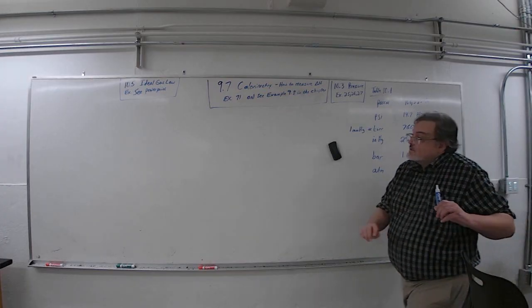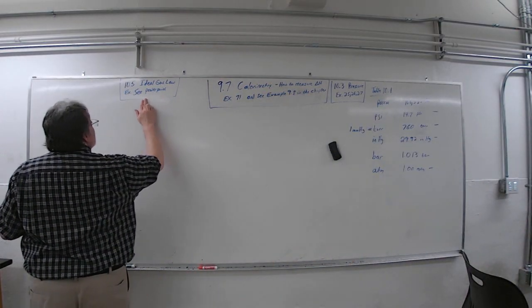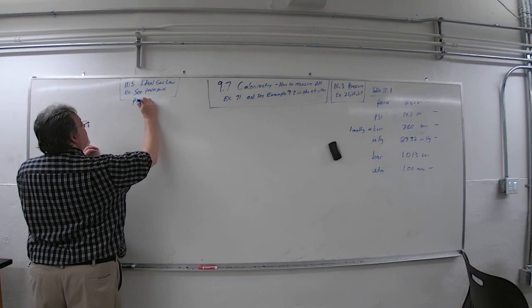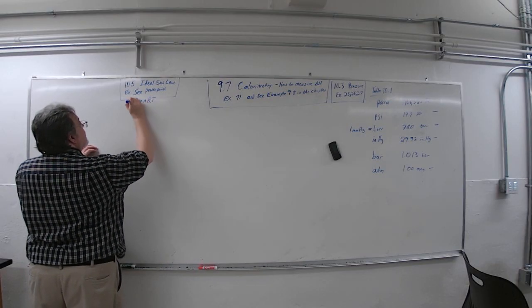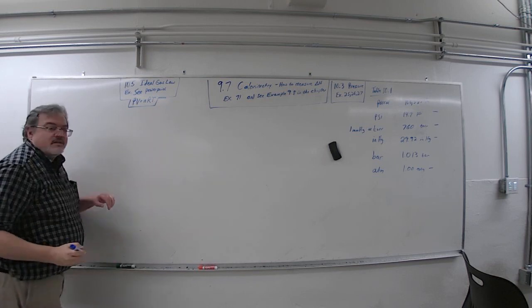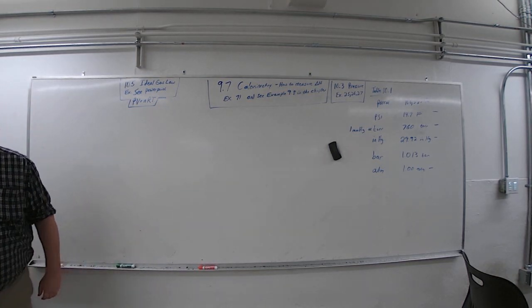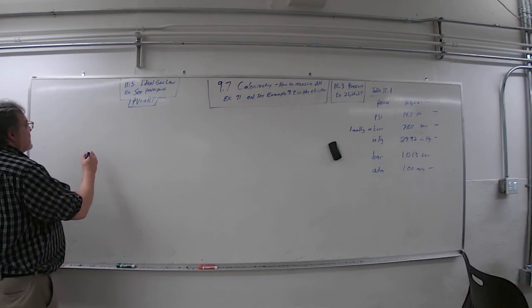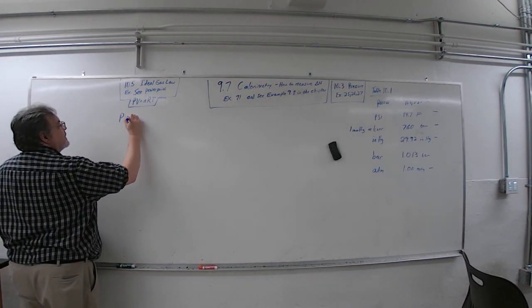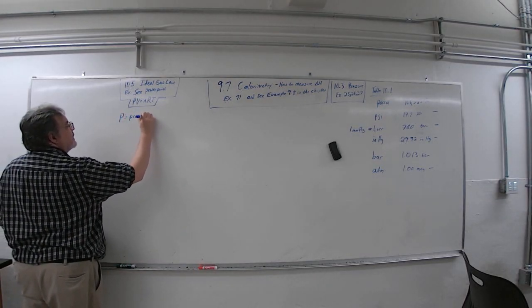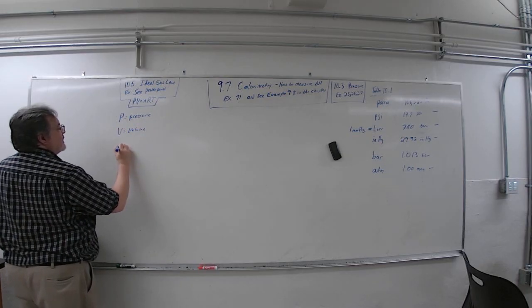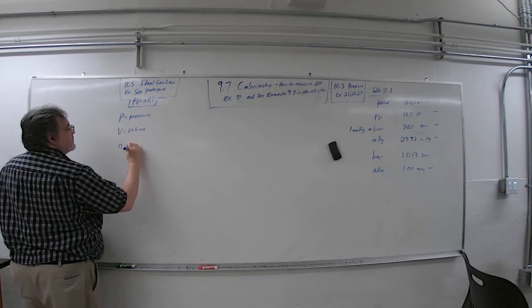This is the ideal gas law. PV equals nRT. Any of you who took chemistry before remember that? Anybody? Yes. P is pressure. V is volume. N is number of moles.